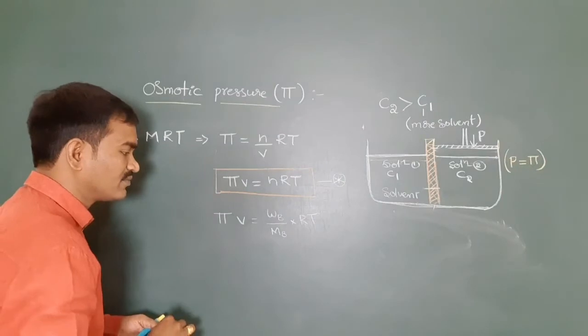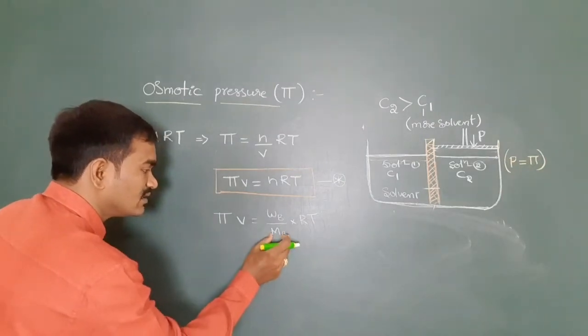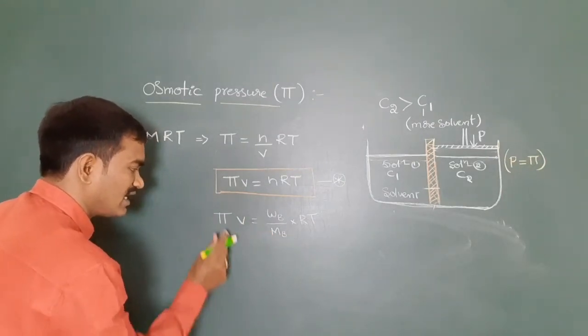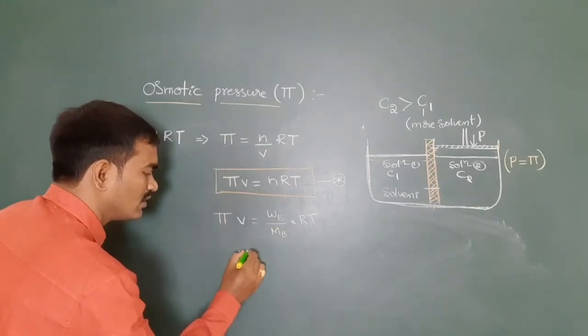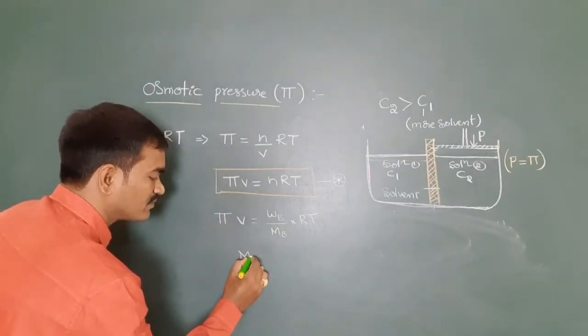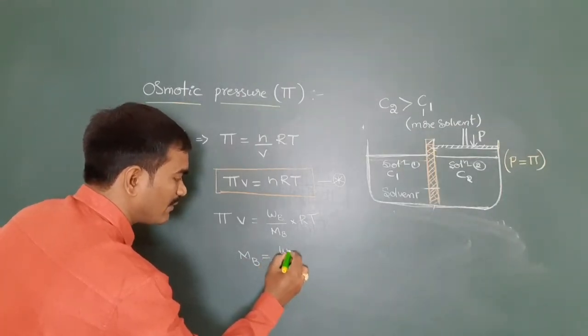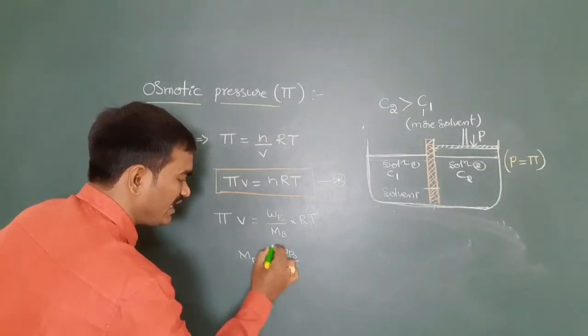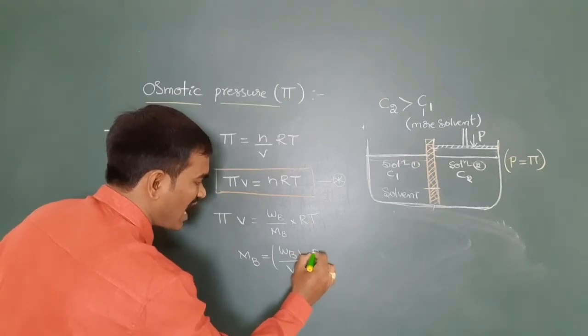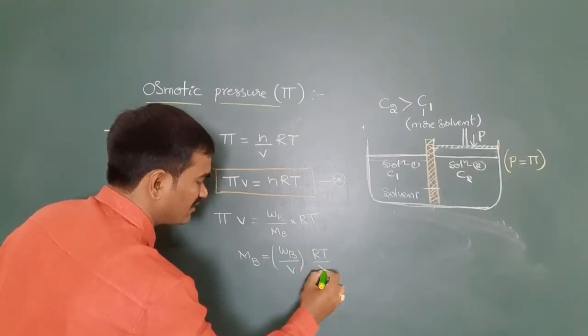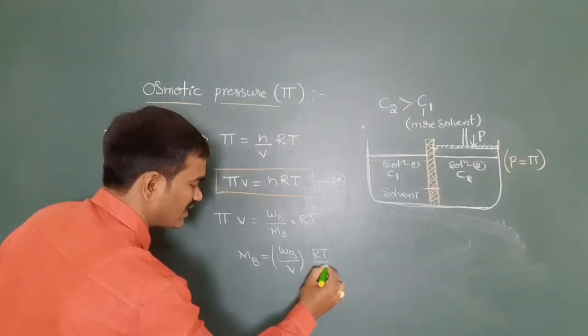Any doubt here? So now this part is coming towards this side and this one is going. Therefore, the molecular mass of solute is equal to WB by V into RT by pi. You can take it like this.